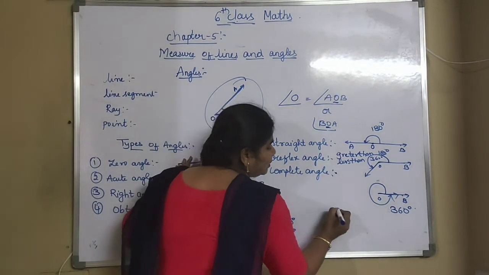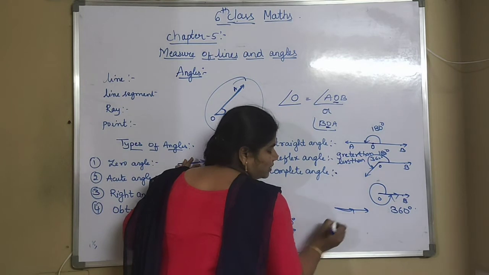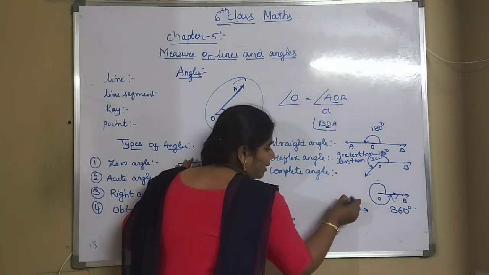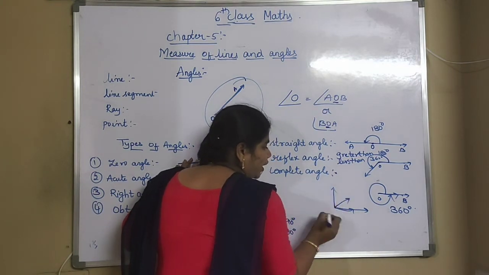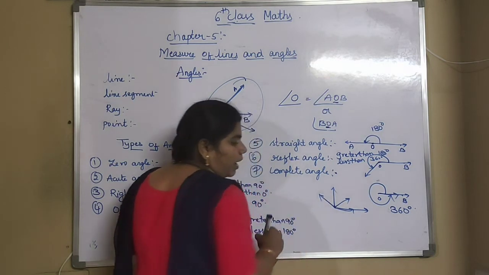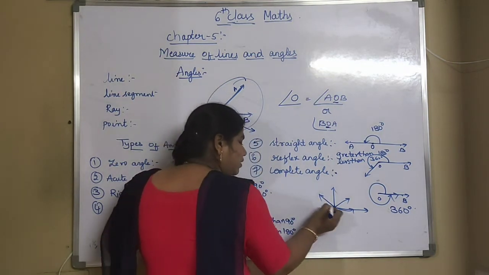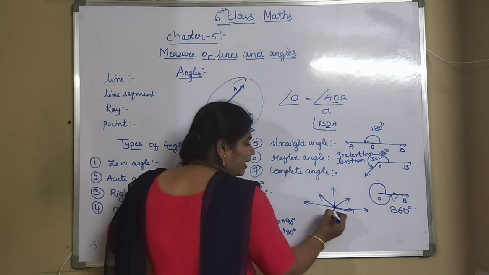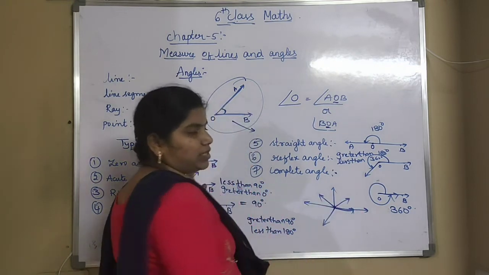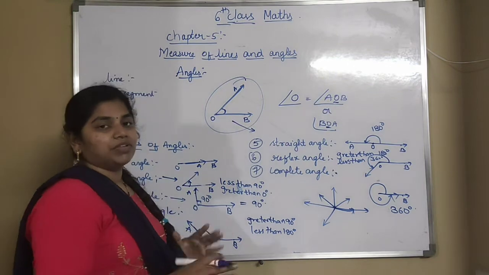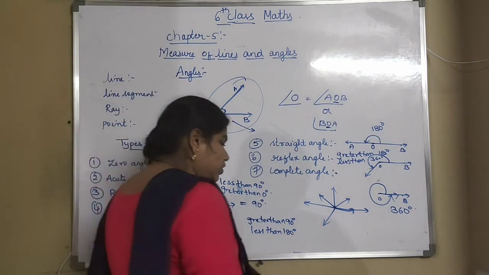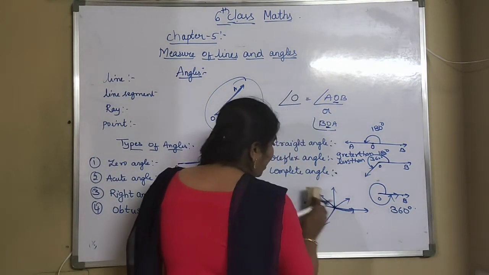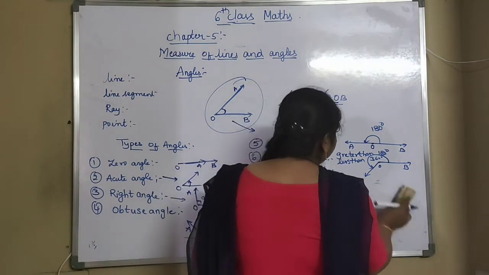First 0 degrees, after that it became like this, after that it went straight, after that it became obtuse, after that straight, after that it went to reflex, again it came to the same position, that is equal to 360 degrees, that is a complete rotation. So these are the angles which we have in our textbook.